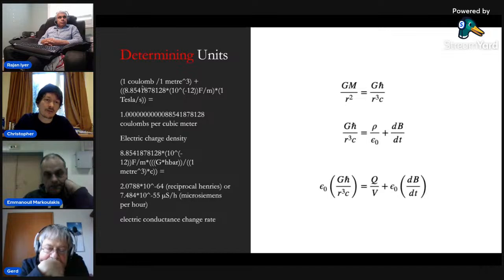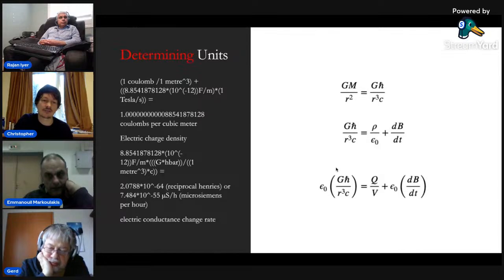Over here, I'm just using basic units. I'm not really calculating anything specific here, so in terms of coefficients, I'm just using ones. On the right side, we wind up with coulombs per cubic meter, which is electric charge density.